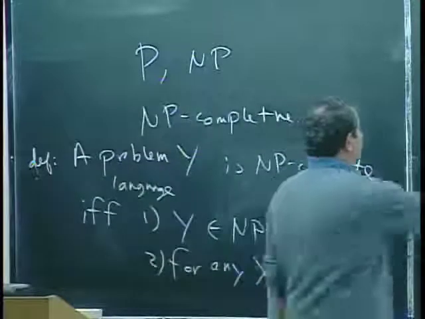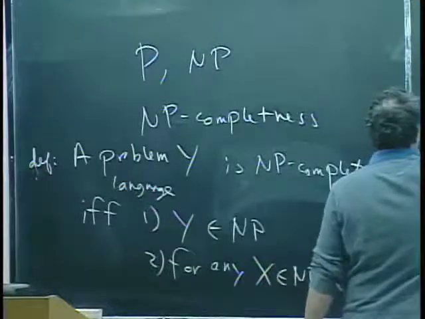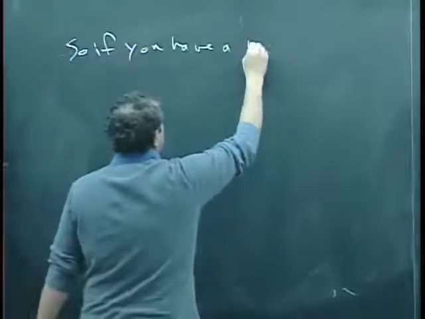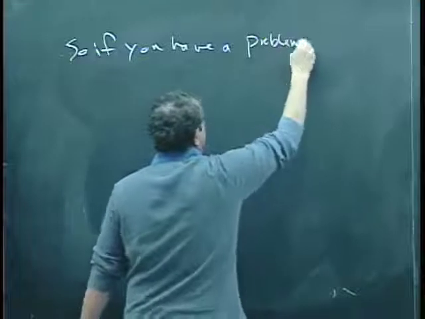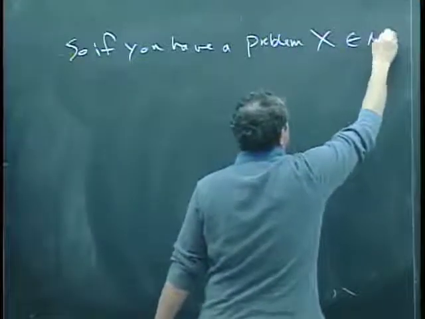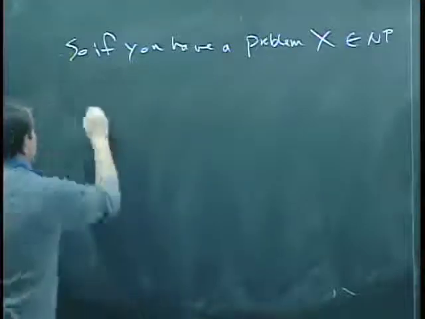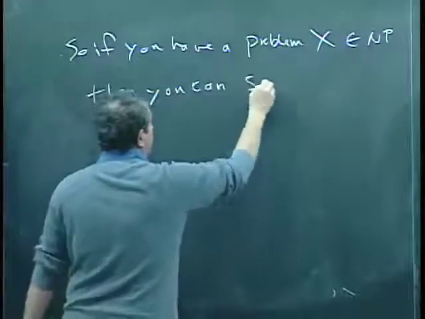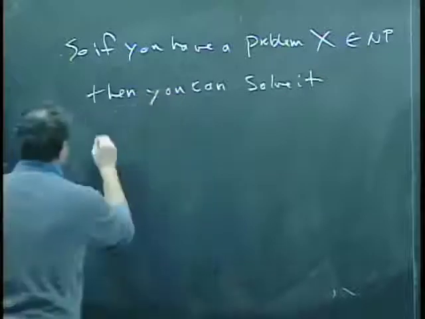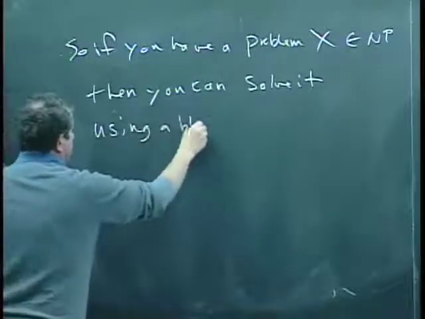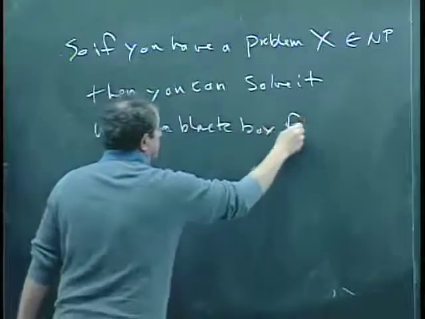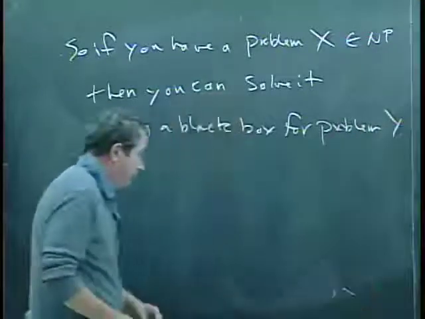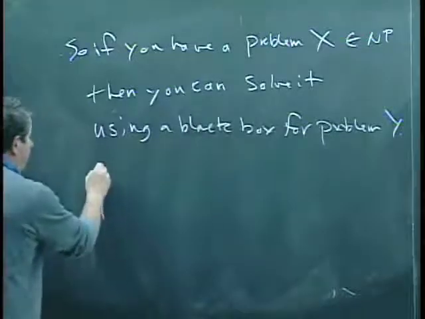So what this means is, you have a problem, now I'll call it problem X, and all you know about it is that it's in NP, then you can solve it using a black box for problem Y. And moreover, that reduction happens in polynomial time.